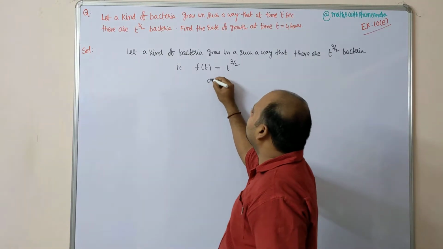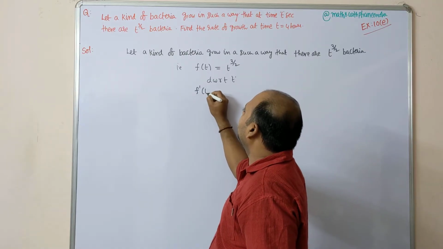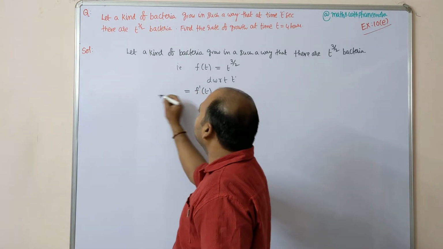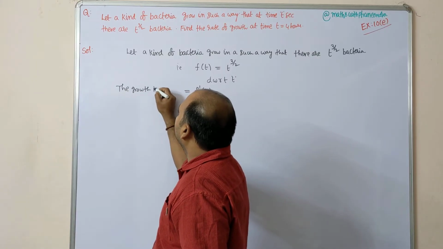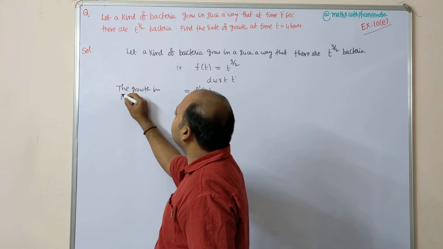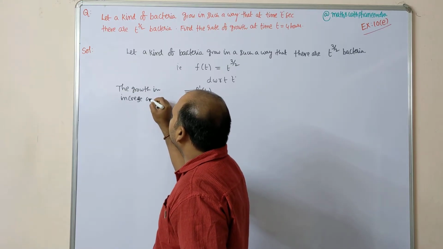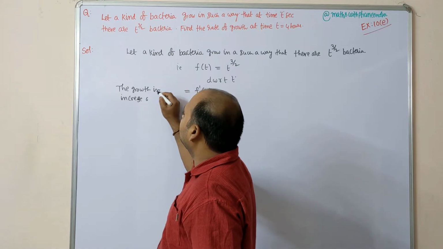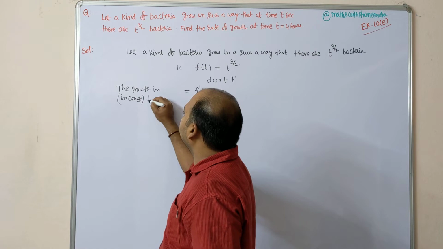So differentiating with respect to t. So f dash of t, what does f dash of t mean? The growth, increase in bacteria, growth in bacteria.